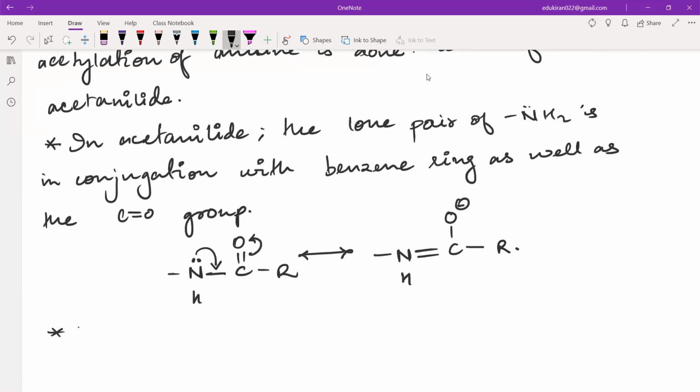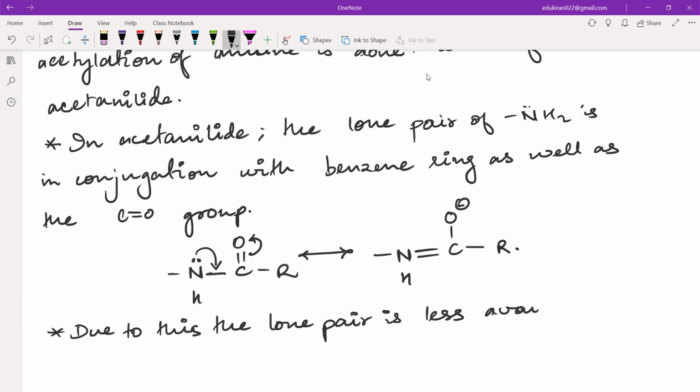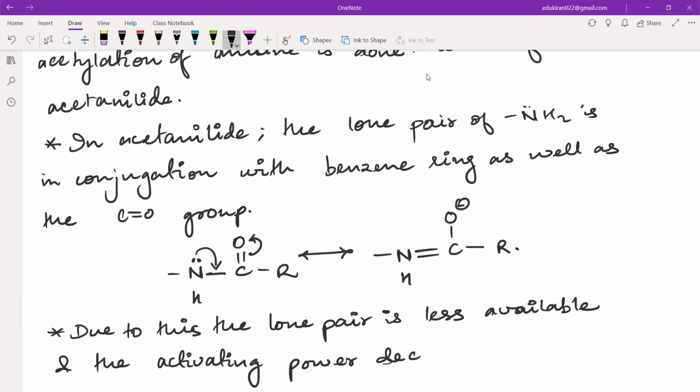Due to this, the lone pair is less available and the activating power decreases. Okay, activating power decreases.